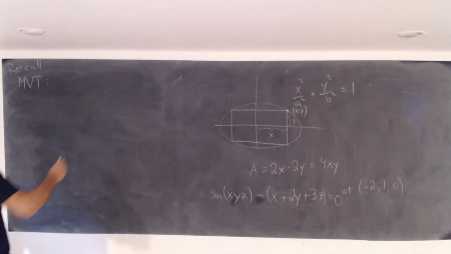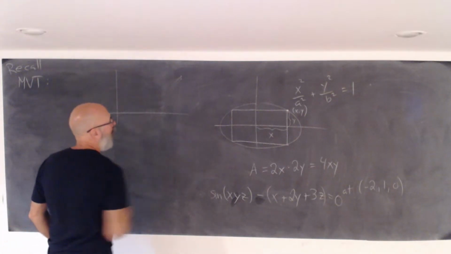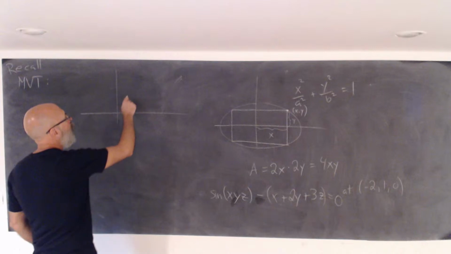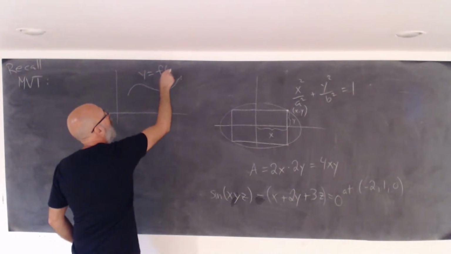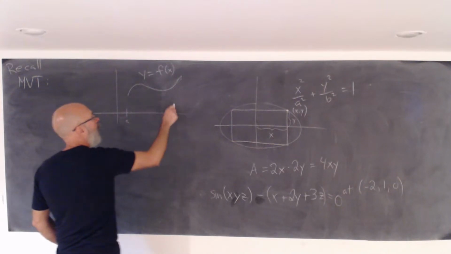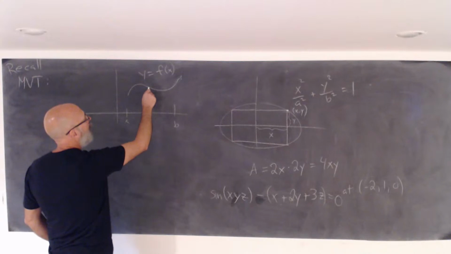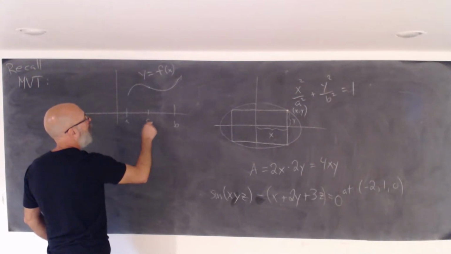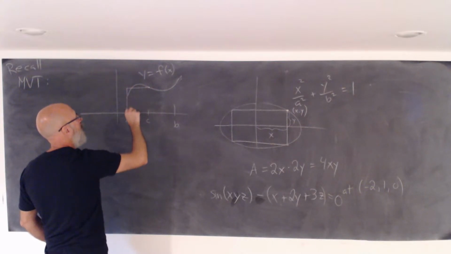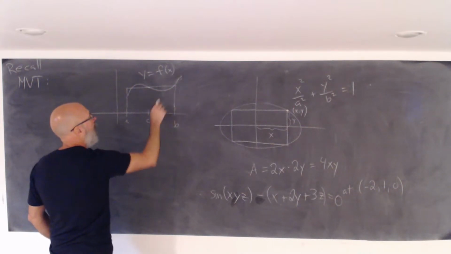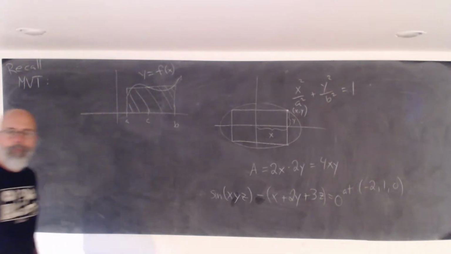Let's recall the mean value theorem that we saw in 141, which said that if you have a continuous function on a closed and bounded interval, then there exists a point where the area underneath the graph is the same as the area of this rectangle.